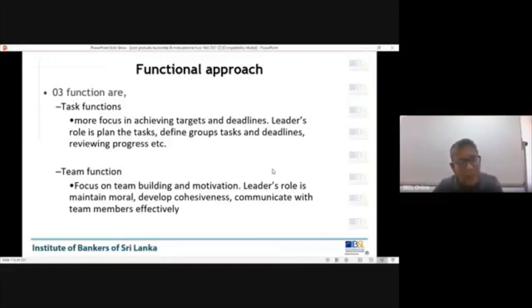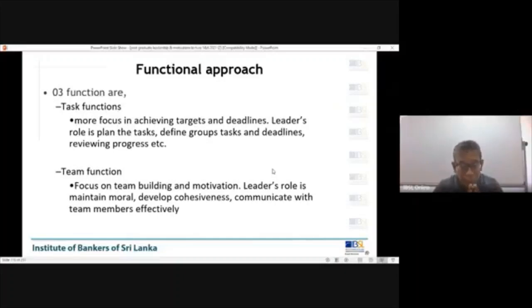The second comes under the functional approach. We call it the team function, or sometimes group needs. Now, rather than looking at the task, they also look at team building and motivation. So here we talk about cohesiveness, right? Cohesiveness means the ability to work together, right?